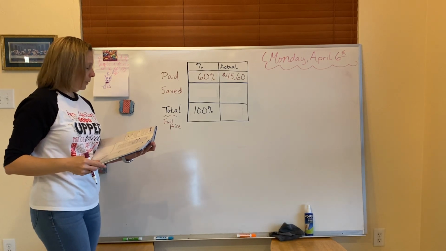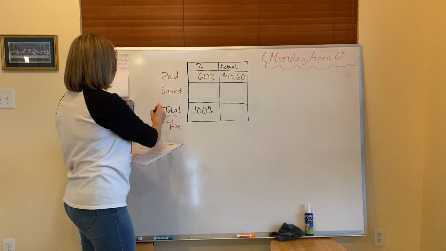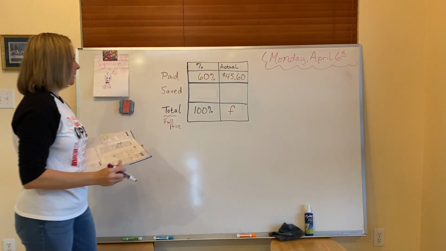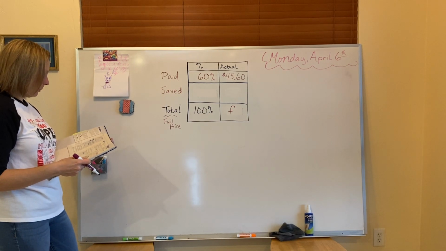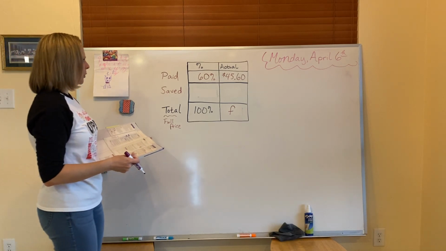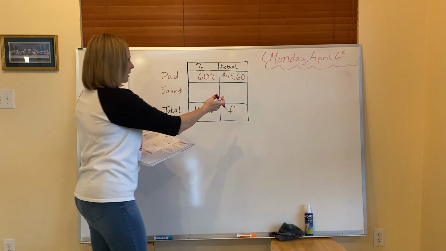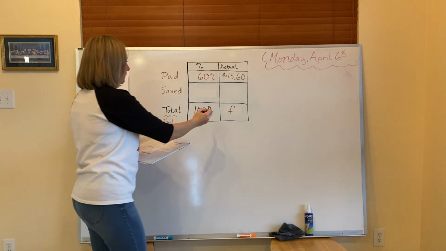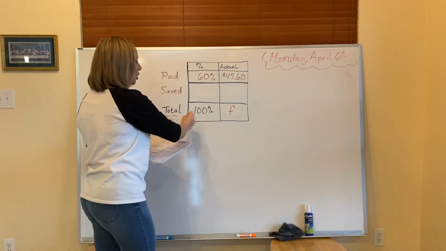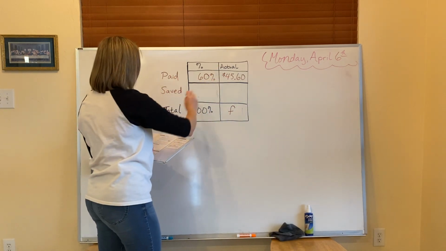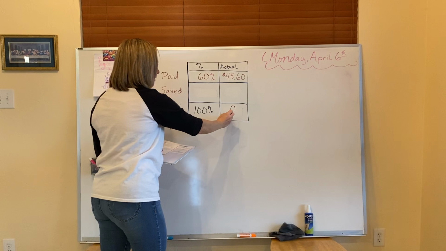We're looking for the full price of the shoes. Okay, so what would this total full price on the bottom be? Well, do we need any information in our saved column? No, we don't, because we're solving for F, right? Which is the total full price, the actual full price. We have paid already. We just need to find this.